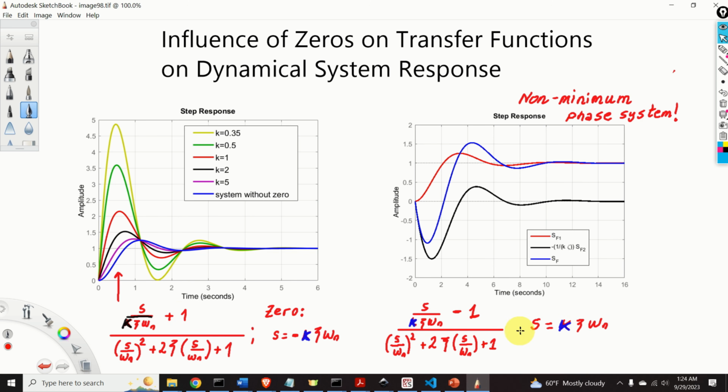The zero of this system is given over here, and it is in the right half of the complex plane. This fact has a tremendous effect on the system response. Here is the step response of the system. The blue line represents the system's step response. The zero in the right half of the complex plane will create this undershoot, which can lead to disastrous effects in practice. That was a brief outline and summary.